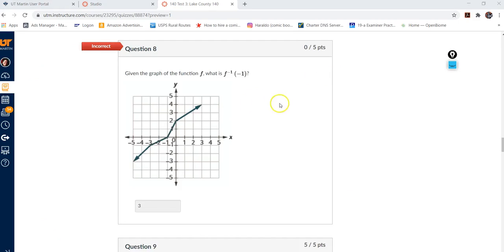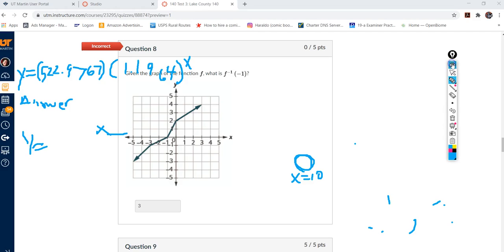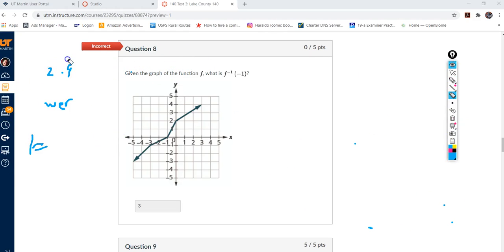Okay, now I did miss one, and I didn't enter my answer correctly. It said, what is f inverse of -1? And I think I said what it was, but I didn't enter it properly. The answer should be -3, and I left out the negative sign. So what is f inverse of -1?